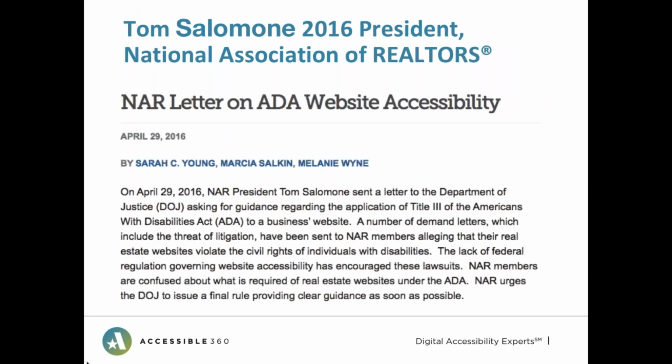Tom Solomon, the 2016 president of NAR, wrote a letter actually to the work group that is making adjustments to the disabilities law. If you remember back in November 2015, that was the date where the Department of Justice was supposed to change the law, or say that they're not going to change the law, to make websites mandated by federal law to be accessible.